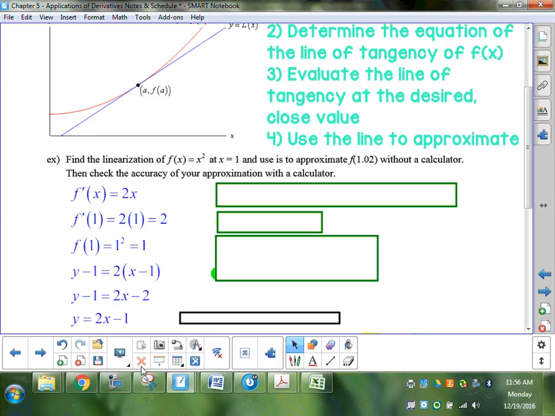Now we're going to use that line to approximate what the function does at 1.02. How could I figure out about what value the function would take at 1.02? Well, let's evaluate what our tangent line tells us.